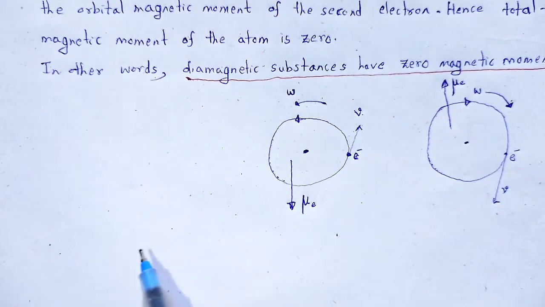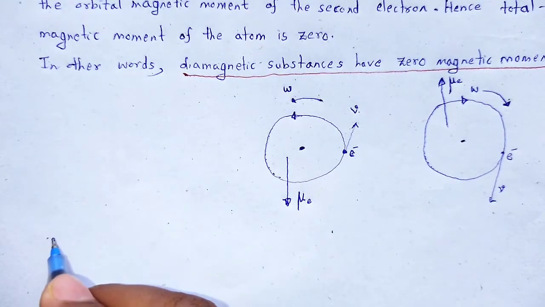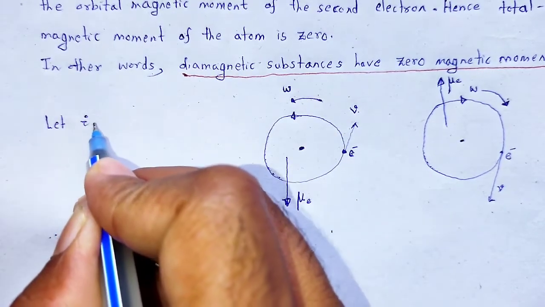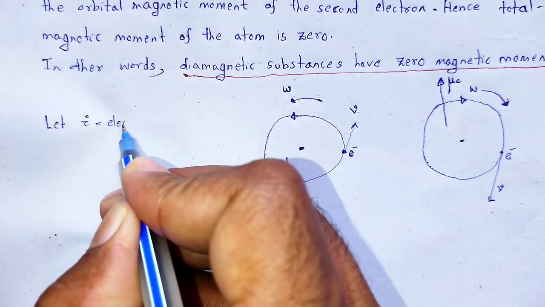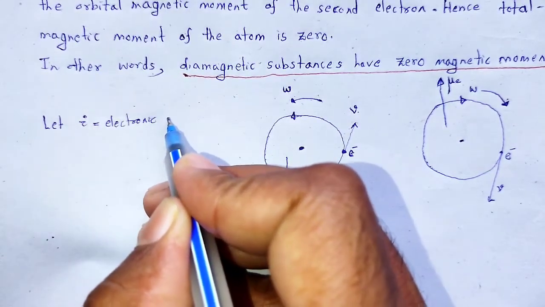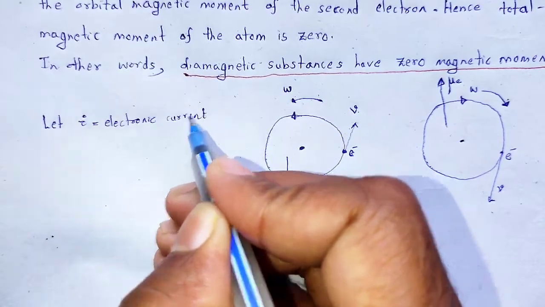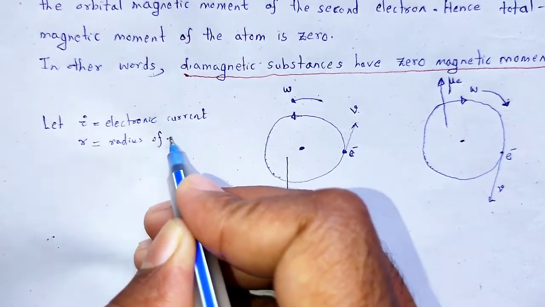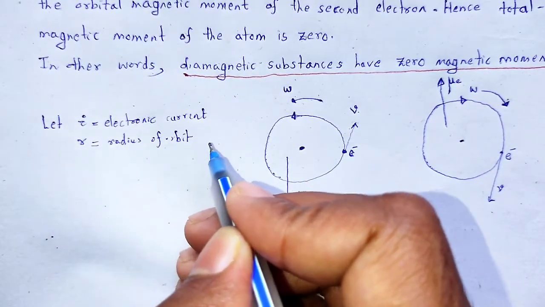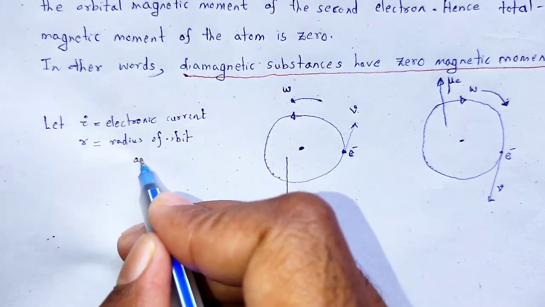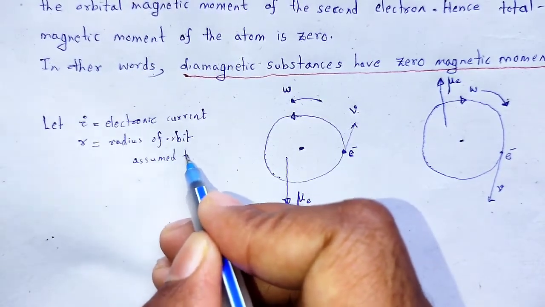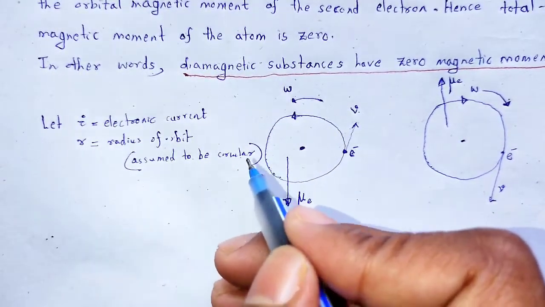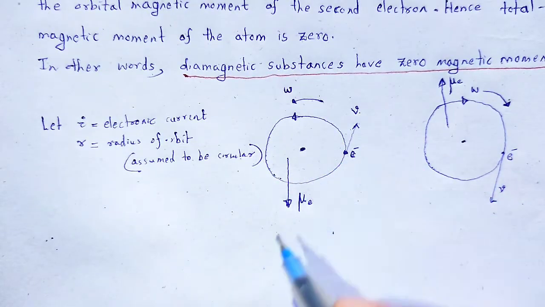So, mathematically, let I be the electronic current and r the radius of the orbit. Here we assumed it to be circular, but actually it is an elliptical one.